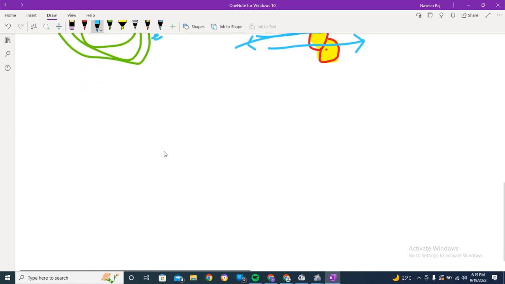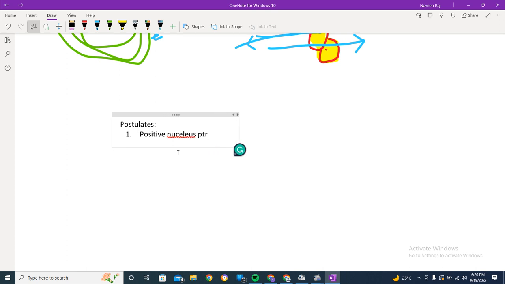So looking into the postulates, we've got the postulates as follows. The very first postulate was that a positive nucleus is present.